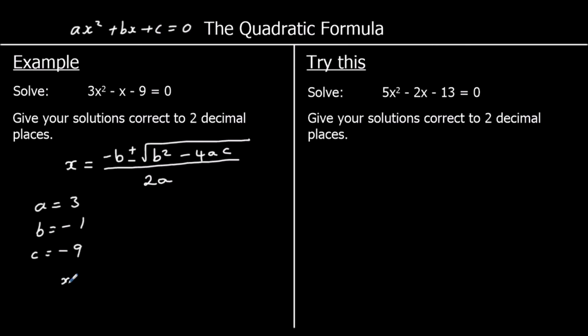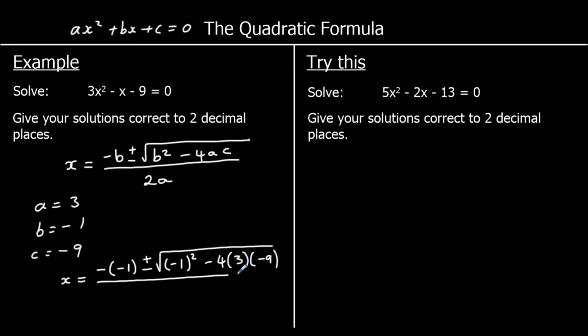So we're going to say x is equal to negative 1 plus or minus the square root of negative 1 squared minus 4 times 3 times negative 9 over 2 3's. So we type it into the calculator, once with a plus and once with a minus, to get our two different answers.